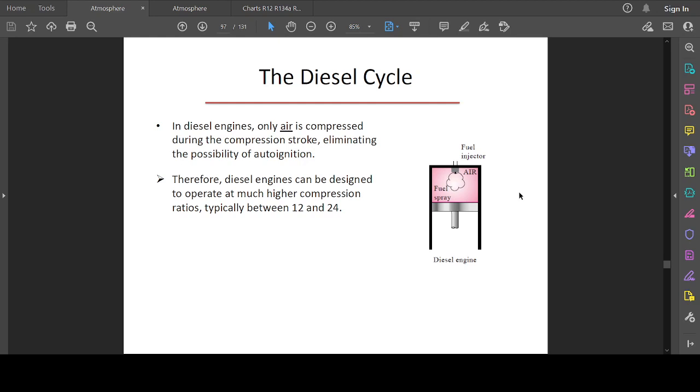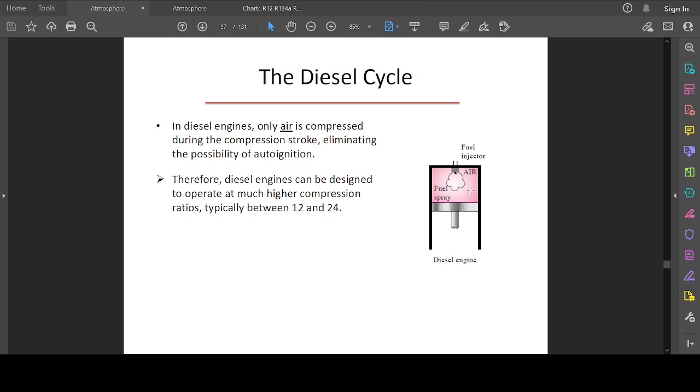Therefore, diesel engines can be designed to operate at a much higher compression ratio, typically between 12 to 24. So like we said, the air is compressed, and when the fuel is injected into the compressed air, it will automatically ignite because the compression within this region is already above its auto ignition temperature.